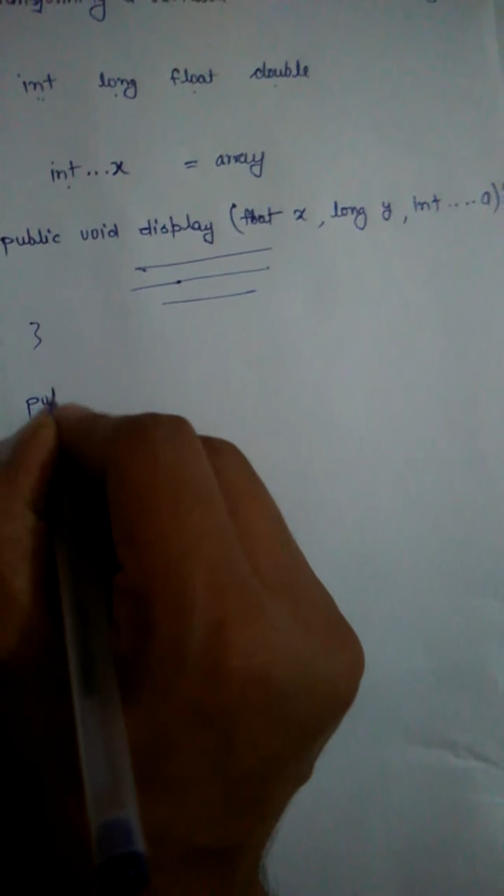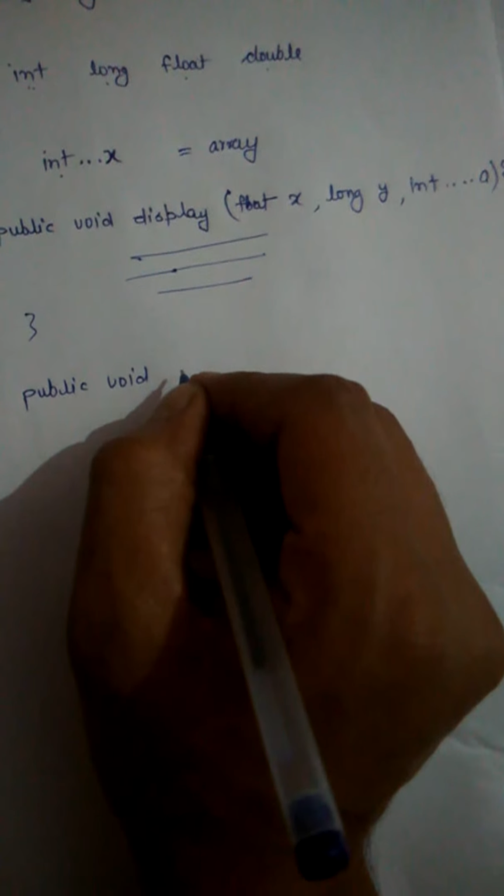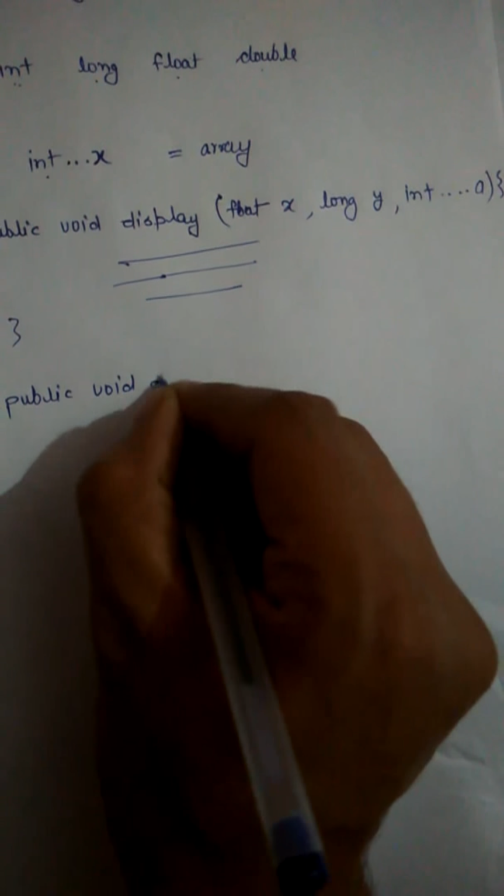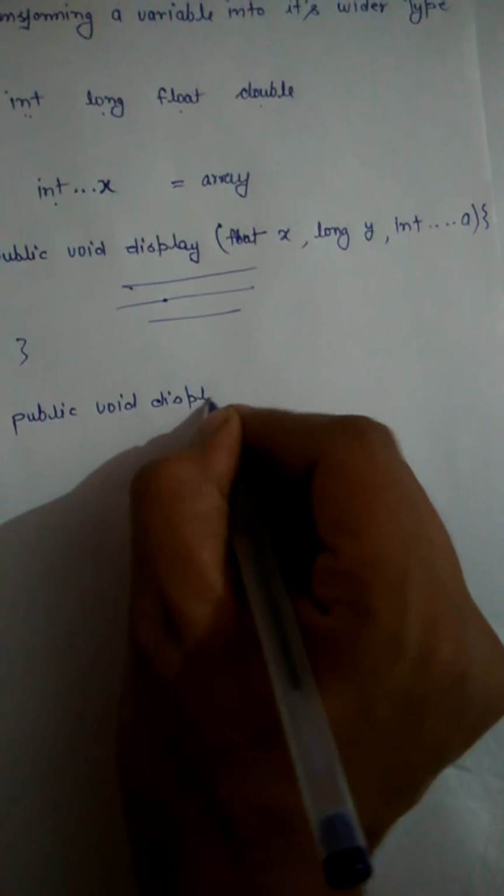If I pass it as the first parameter or the second parameter, meaning I do not pass the variable argument as the last parameter, then I will get a compile time error.